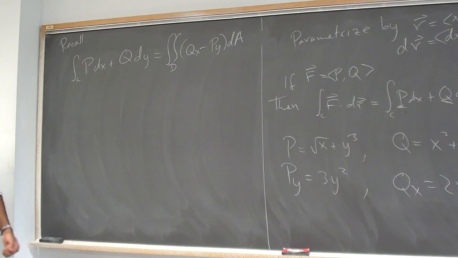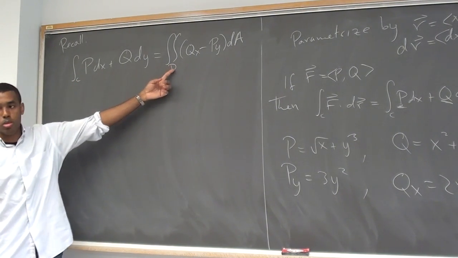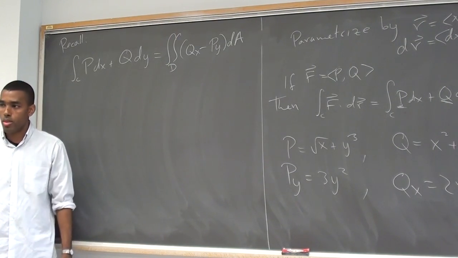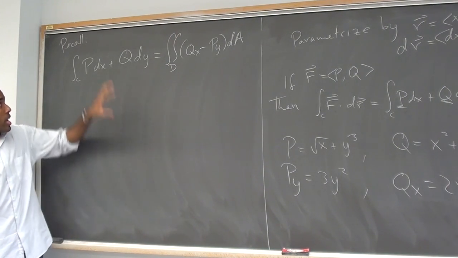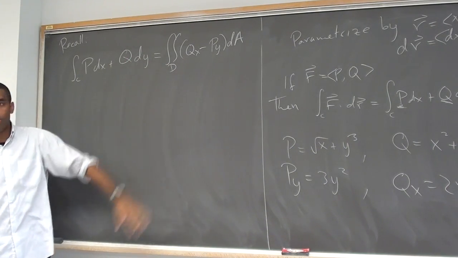So remember, the thing with Green's theorem is, one, you're in 2 dimensions, so you only have 2 variables to work with. And secondly, you have a closed curve that's piecewise smooth. In those conditions, you can apply Green's theorem. Doing a line integral around the boundary of the region is the same as doing this double integral over the region itself. So Green's theorem relates a line integral around the boundary to a scalar integral over the region.